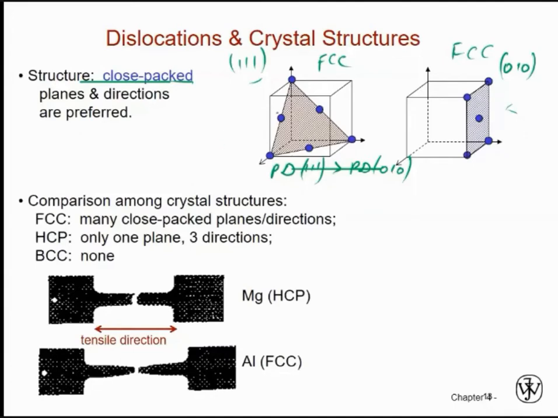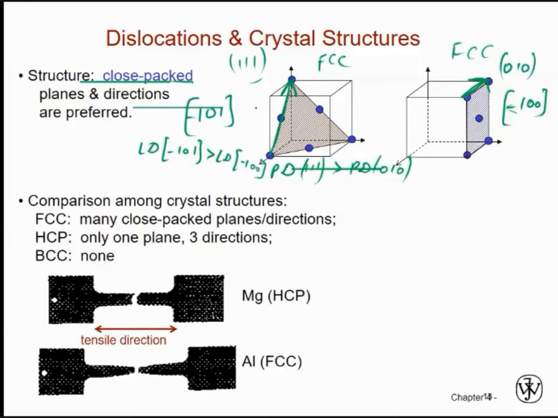On those planes, we will have some directions. Let's say direction 1, and I will take this direction over here. This direction will be the -1, 0, 1 direction. And for this one, it will be the -1, 0, 0 direction. Again, if you calculate linear density for these directions, you will see that the -1, 0, 1 will have larger linear density compared to the -1, 0, 0 direction.